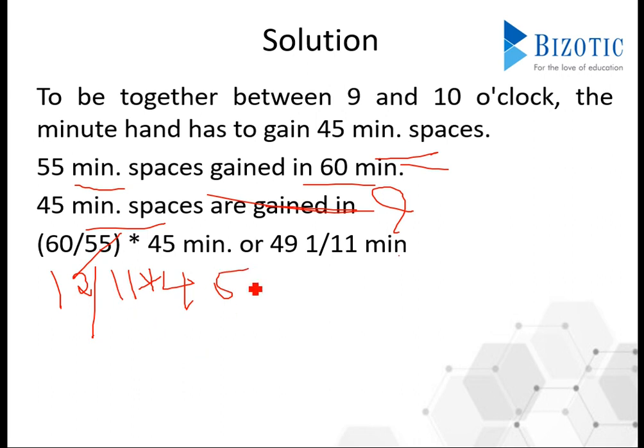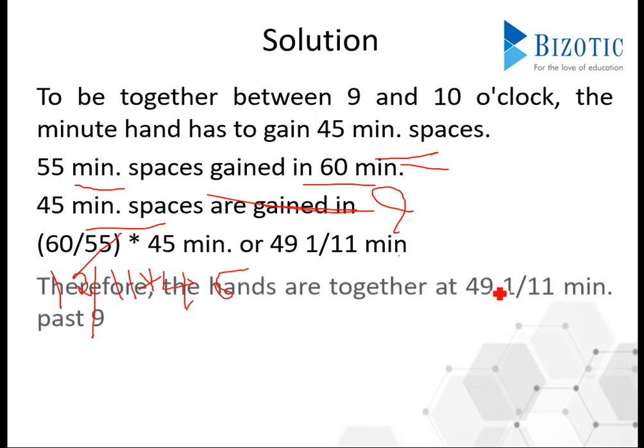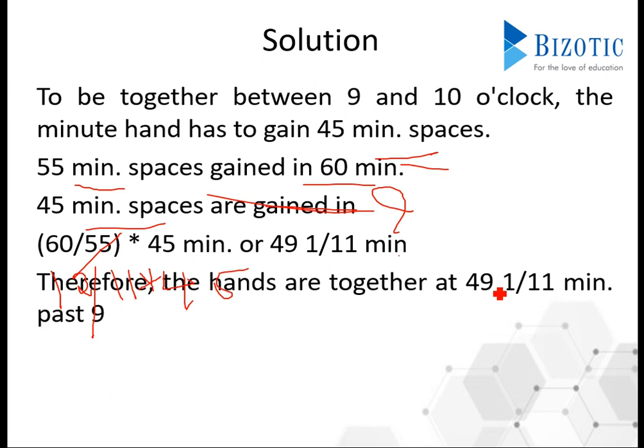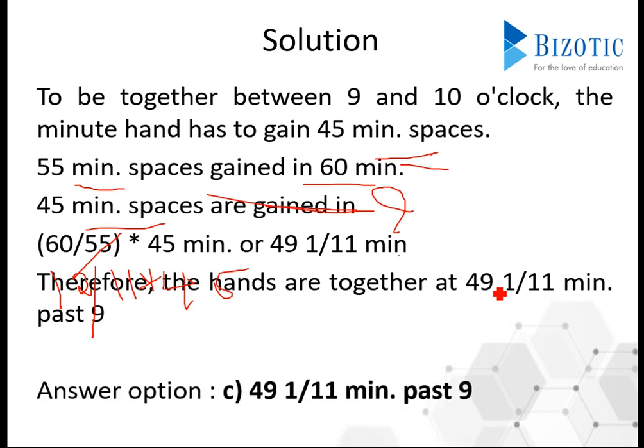Then divide this and simplify, giving you 49 1 by 11 minutes. So the hands are together at 49 1 by 11 minutes past 9. That's the time when both hands will be together. That gives you the right answer, option C.